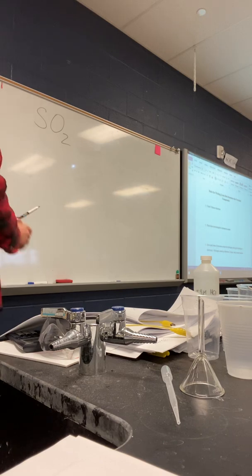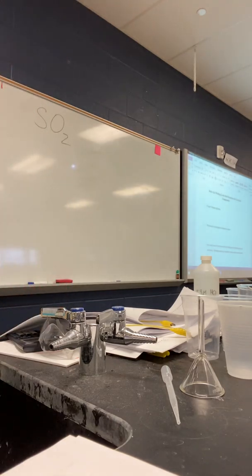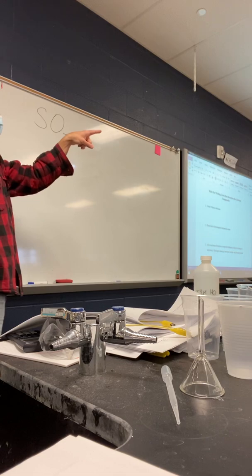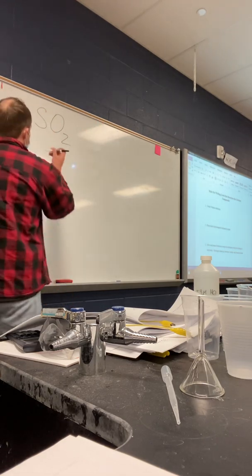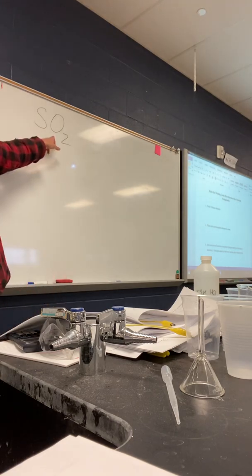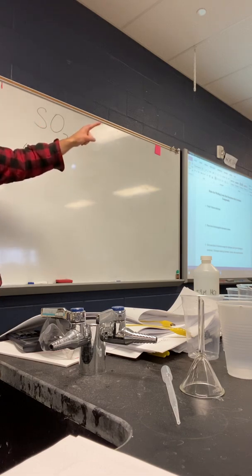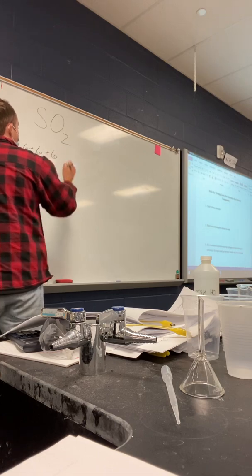Okay. So step one is to count the number of valence electrons that you have in your compound. Sulfur, right below oxygen on the periodic table, that's group 16. That entire group has 6 valence electrons. So we have 6. How many oxygens do we have? 2. So that means each of those are going to have 6 valence electrons apiece.